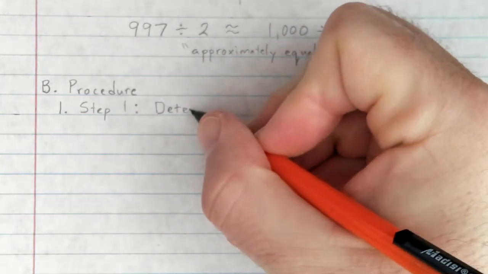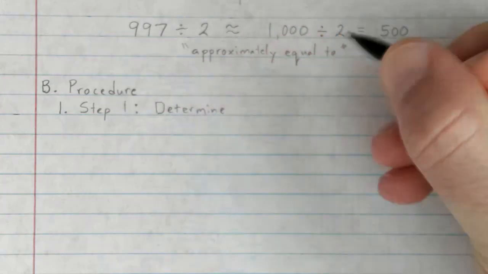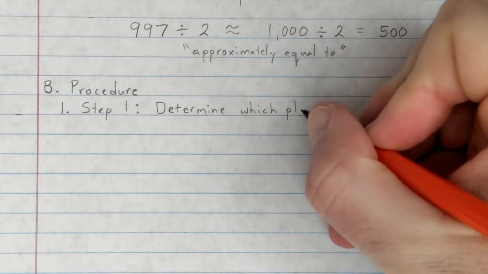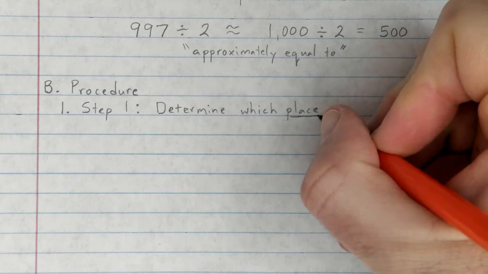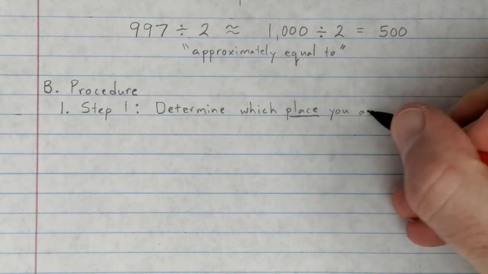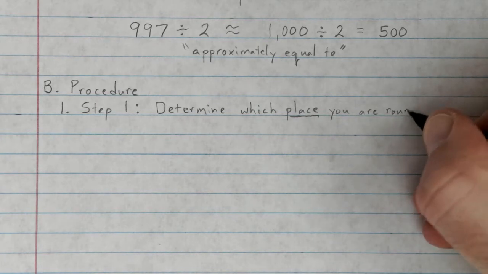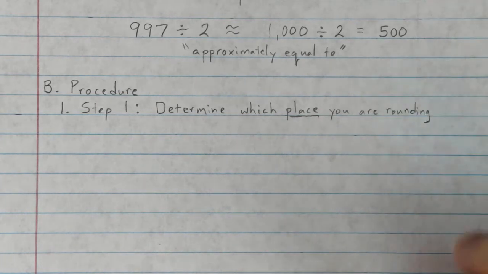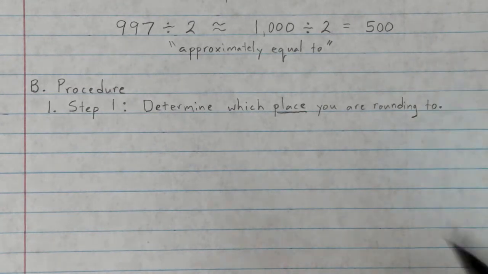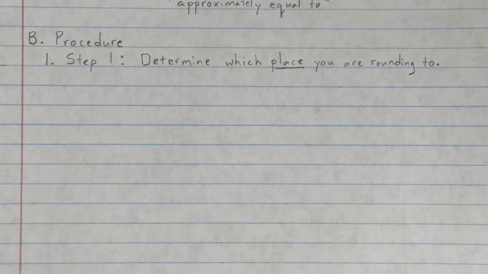You need to determine which place you are rounding to. Are you rounding to the tens? Are you rounding to the tenths? You have to be very careful. Determine which place you are rounding to.